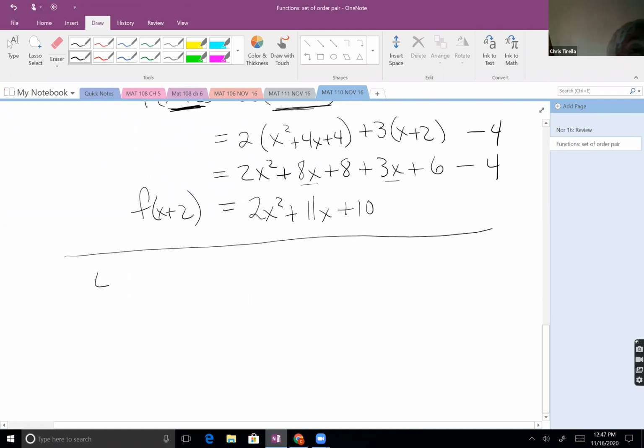And then another example of a function type question, which we'll see a little bit later, would be something like, is x squared plus y squared equals 16 a function?